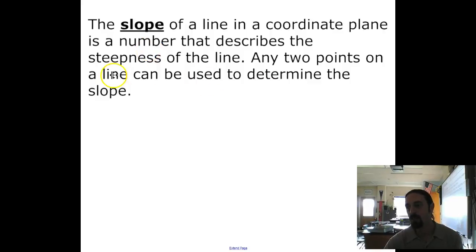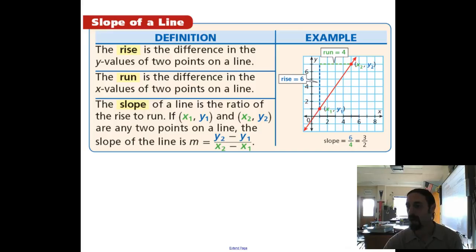So any 2 points on a line can be used to determine slope, but we read it from left to right. So the slope of a line going down is negative, the slope of a line going up is positive. So to find slope, you take the rise, which is the change in the y values.